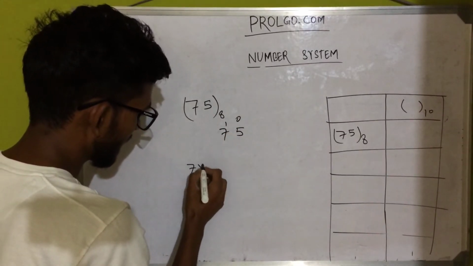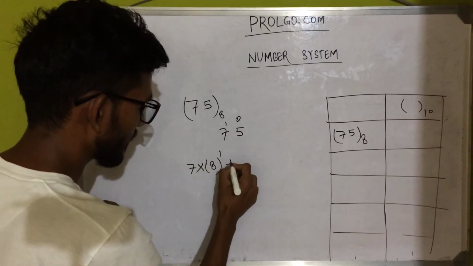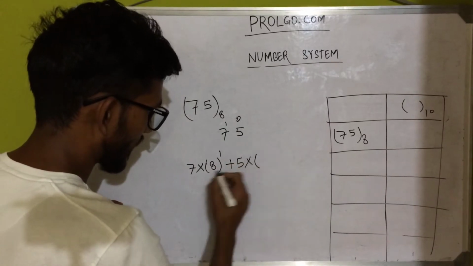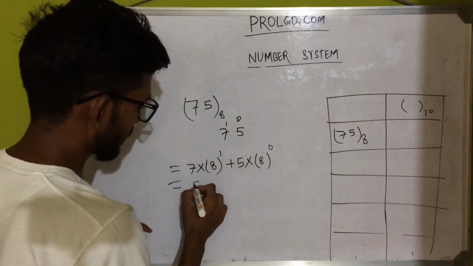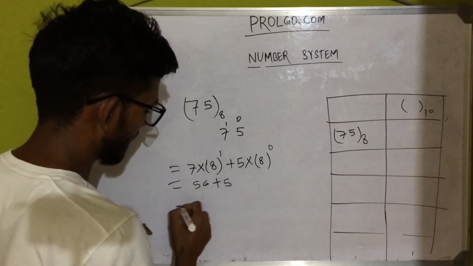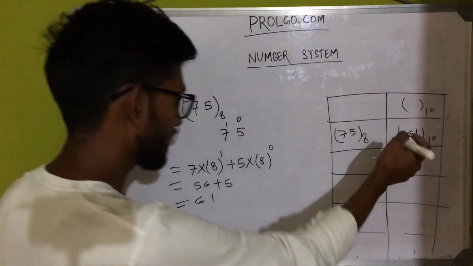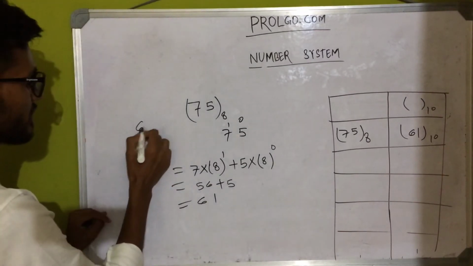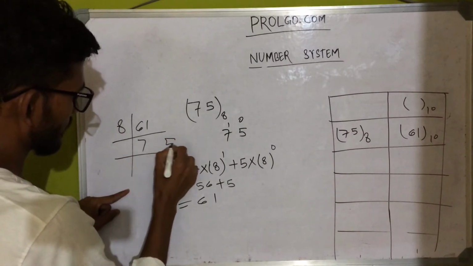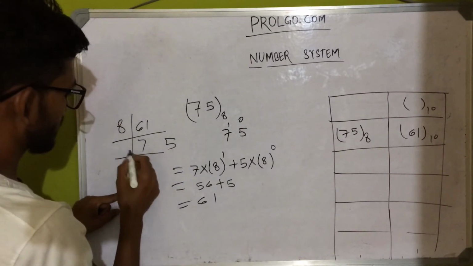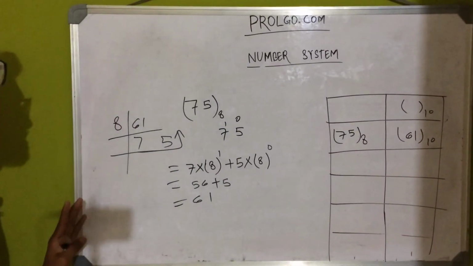The digit 7 times the base 8 to the power 1, plus 5 times the base 8 to the power 0. Now 7 times 8 is 56 plus 5 is 61 in decimal. Let's verify this: 61 divided by 8, 8 times 7 is 56, remainder 5, and 7 is less than 8, so we get 75, so that's correct.